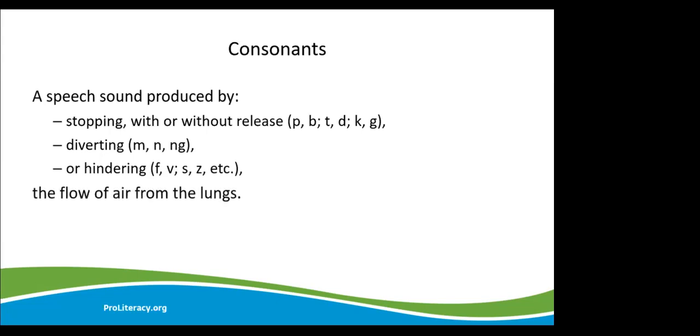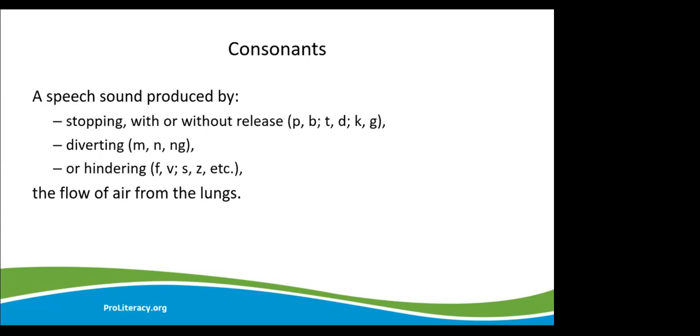So if you look at things like P, B, you actually have that tight stop that is affecting the air coming through. With sounds like M, N, and Ng, all of that is diverting up into your sinus and out through your nose.